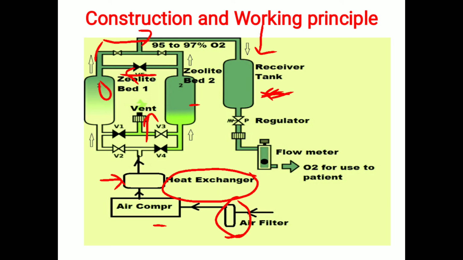All the oxygen generated by zeolite bed 1 and 2 gets stored inside this receiver tank. Then from the receiver tank we pass this oxygen through this regulator into this flow meter, and then from the flow meter to the patient for use or for some industrial application where we want to use it. So like this our oxygen concentrator is working.